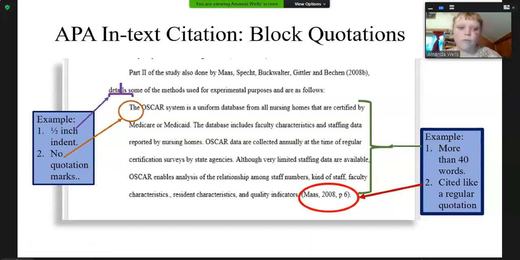It is a direct quote, but it's not got a quotation mark because it has this ½ inch indent labeling it as a block quotation. And then the citation at the very end is just like the regular. You have your last name, comma, date, comma, the page number where it came from. And they're enclosed in parentheses.